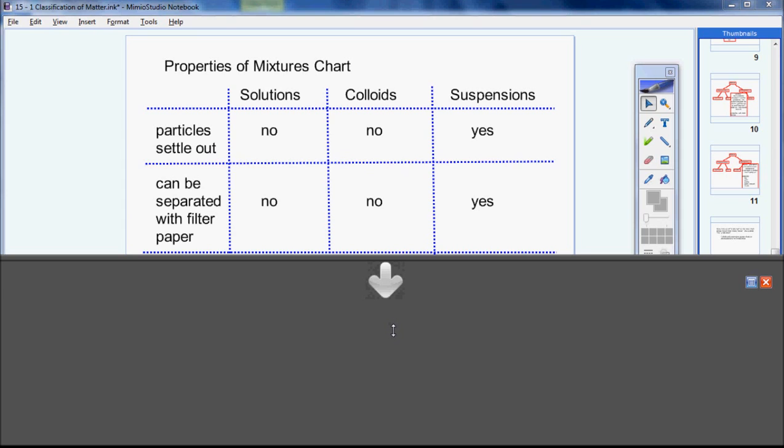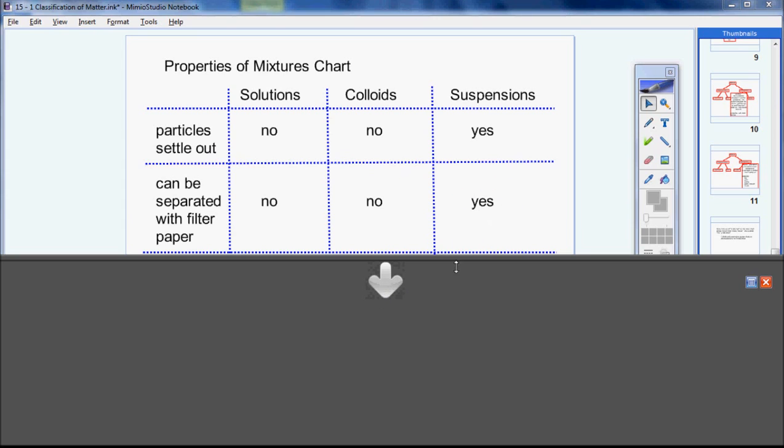Okay, you dissolve the Jello mix in the water and you pour it through the filter paper. It's not going to hold back just the gelatin mix. It's going to let all that stuff pass through. Okay, a cloud, you try to put a cloud, you sweep it with a piece of filter paper, it's not going to separate that thing.